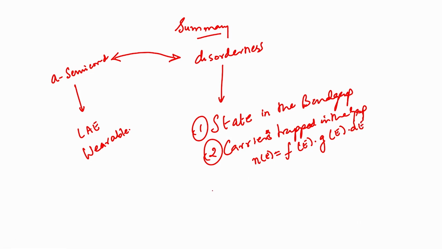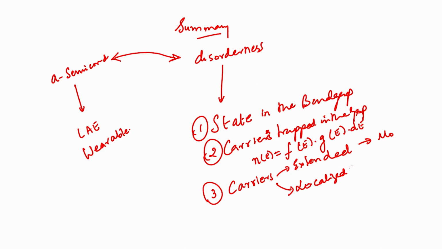The third consequence is that the carriers can either be in extended states, where they have a mobility, say, mu naught, or they could be trapped in the gap, in localized states, where they do not in any practical sense contribute to conduction in your semiconductor devices.